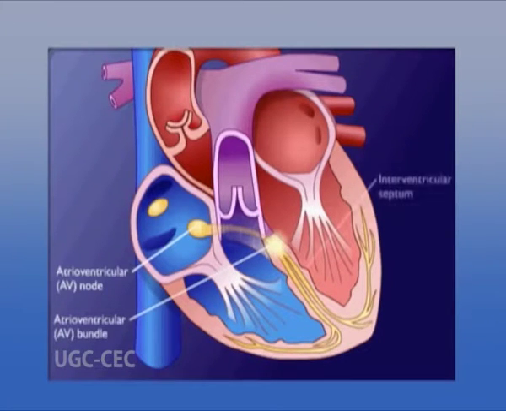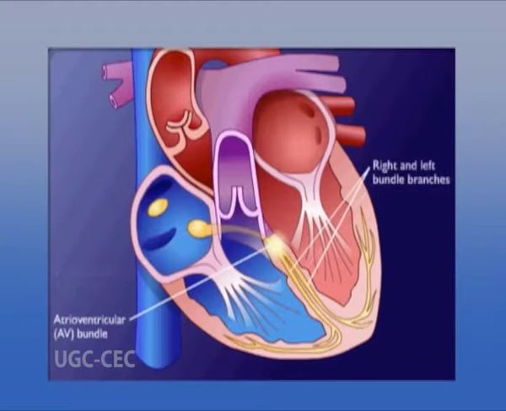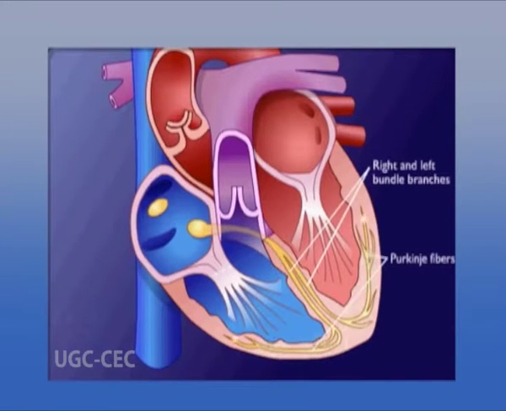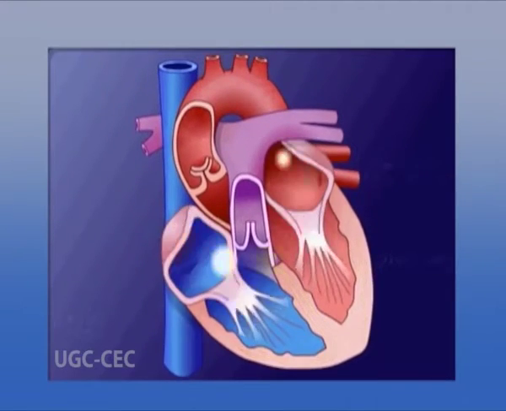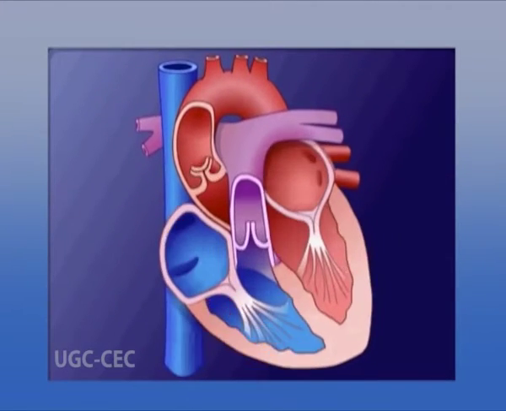This ensures sufficient time for the ventricles to be filled with blood before contracting. The signal then travels along the bundle of His to left and right bundle branches and then reaches the Purkinje fibers. This transmits the electrical charge to the ventricles, causing them to contract together.